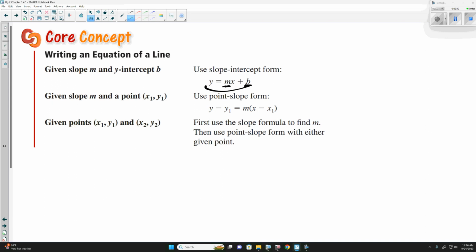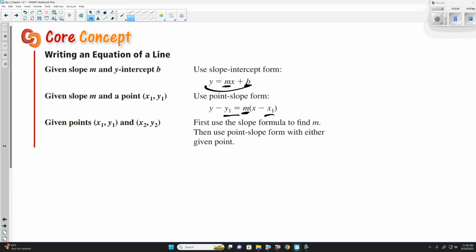Now the second way that we can write an equation of a line is one that's going to be helpful, is point-slope form. Part of the reason we call it point-slope form is, one, we have the slope, and the other part is we are given a point to plug it in. So we call this form point-slope form.